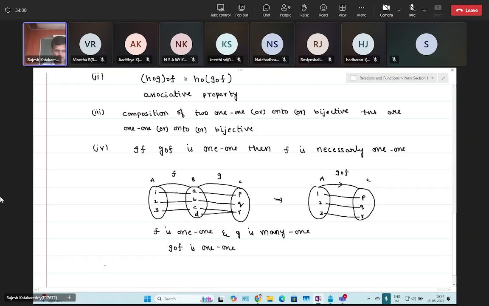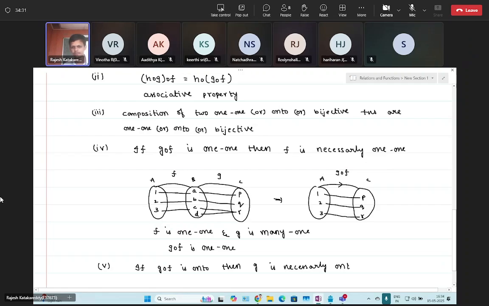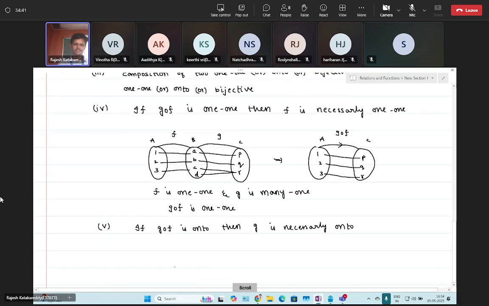Next, the fifth property. In the fifth property, you can take the same example. If g composition f is onto, then g is necessarily onto. If I have the composition as onto, for example, you take g composition f of this one only, it is onto, and then g is onto.